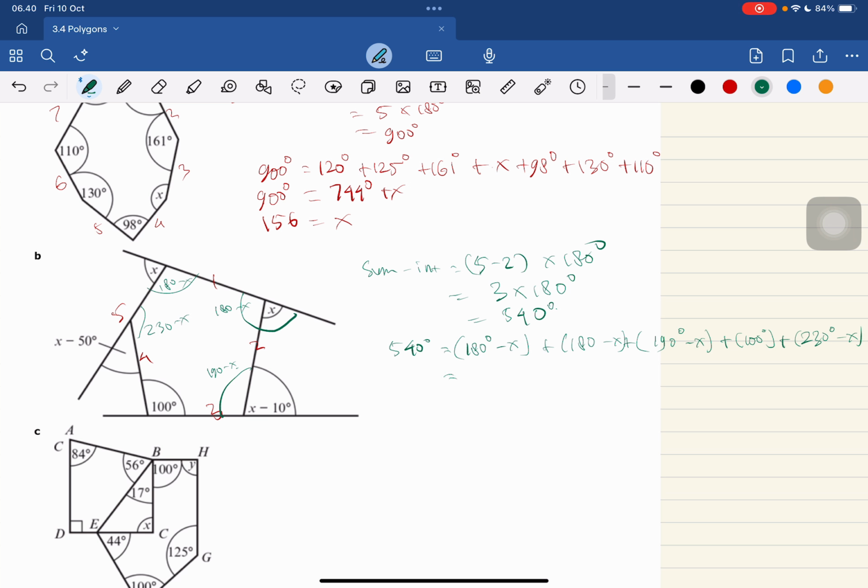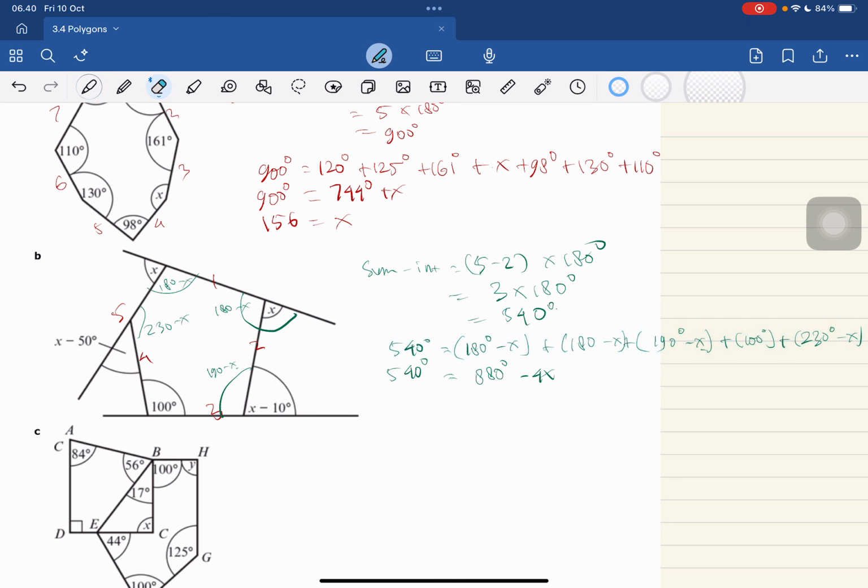So for the x terms, minus x four times, it's going to be minus 4x. Okay, so let's count the degrees. We got 180 plus 180 again, plus 190 plus 100, and the last plus 230, which gives us the answer of 880 degrees.